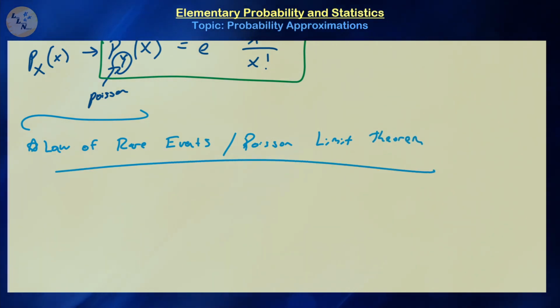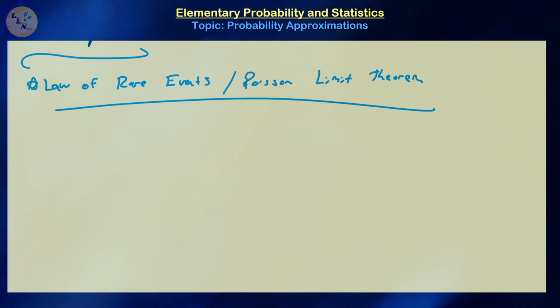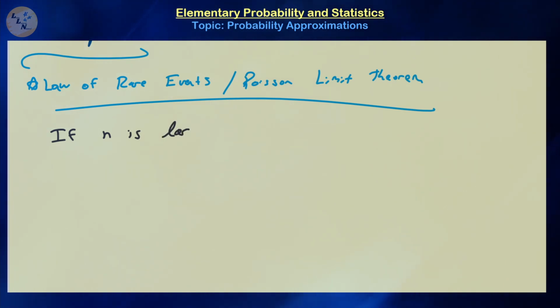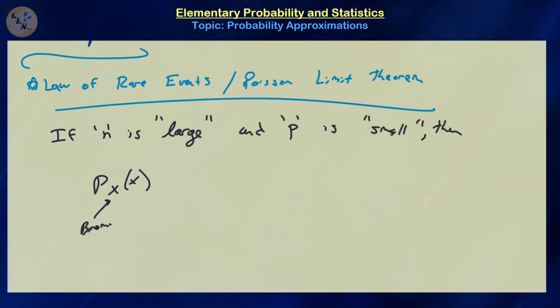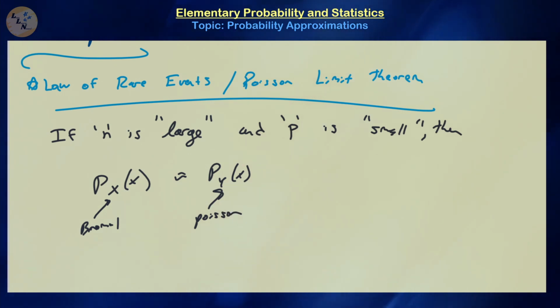So let's formally state what this law of rare events or the Poisson limit theorem actually says. If n is large, a subjective term, and the probability of success is small, again subjective, then the probability that capital X is equal to x, where X is a binomial random variable, can be approximated by a Poisson distribution, right?